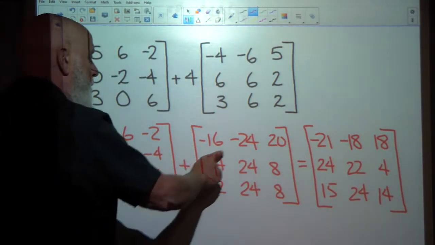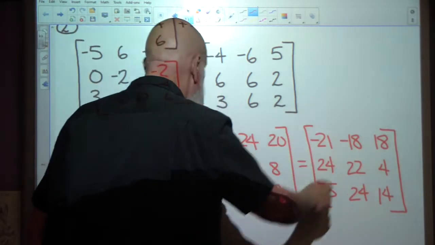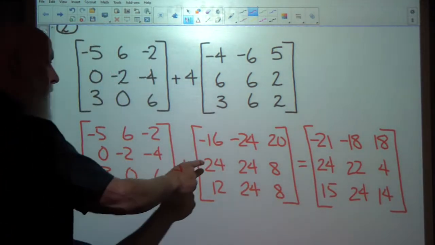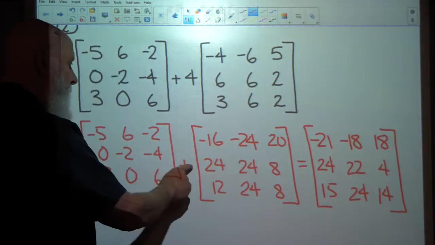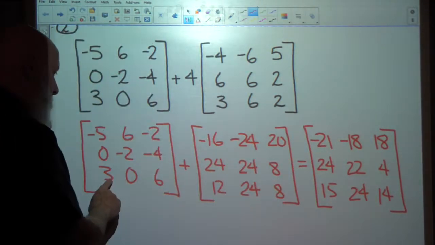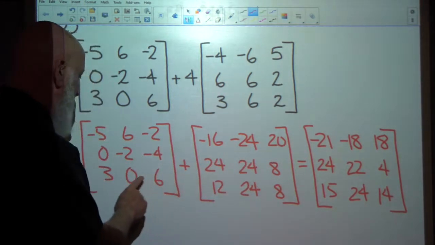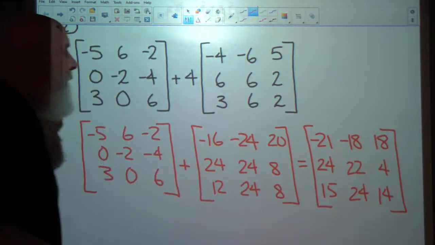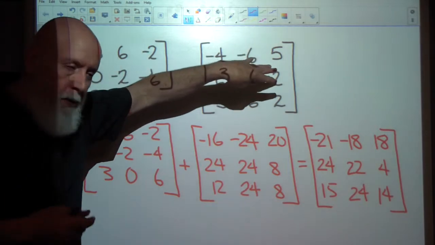I'm going to double check this. It'll be 24 minus 6 is 18, so that'd be -18. -2 plus 20 is 18, so forth and so on. 24 plus 22, yes, 0, 4, so far so good! 15, wow, I got lost. 0 plus 24 is 24, and 6 plus 8 is 14. So there we go, that's how we perform the operations we're going to do today.